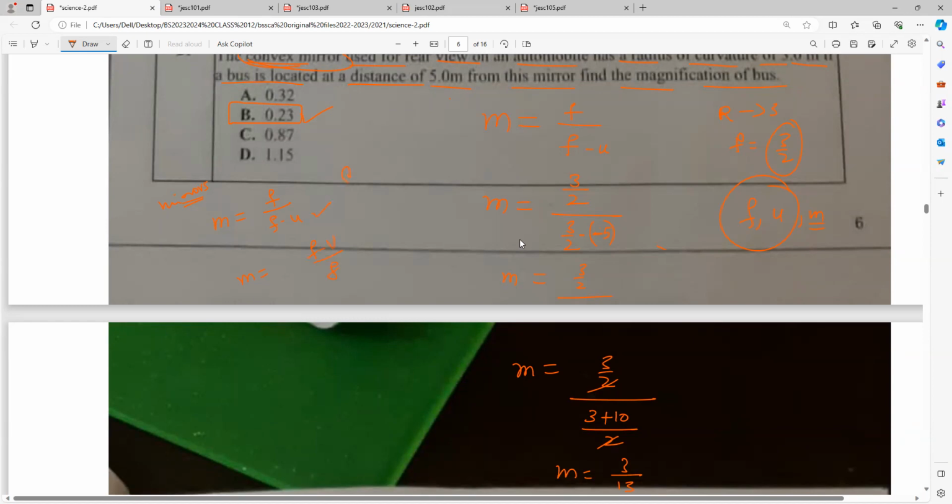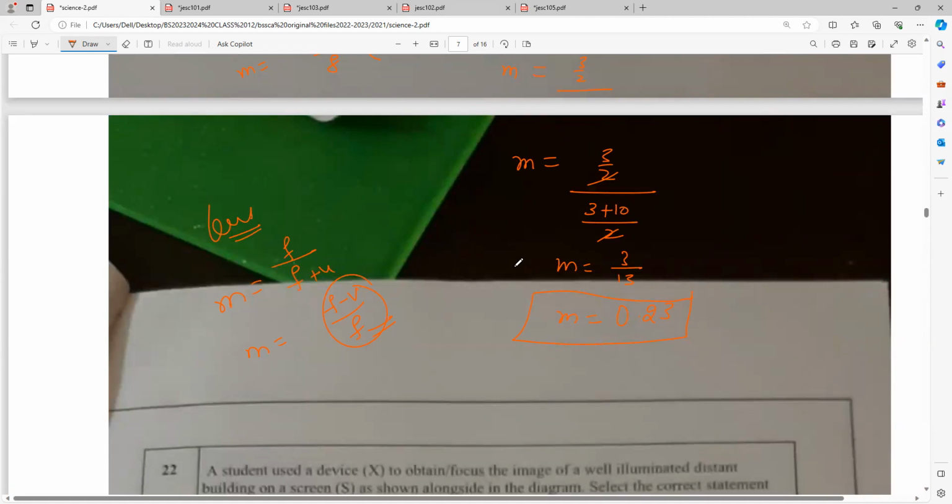So this is for f, u, m, and this is for f, v, m. Then for lenses, m is equal to f by f plus u, and m is equal to f minus v by f.